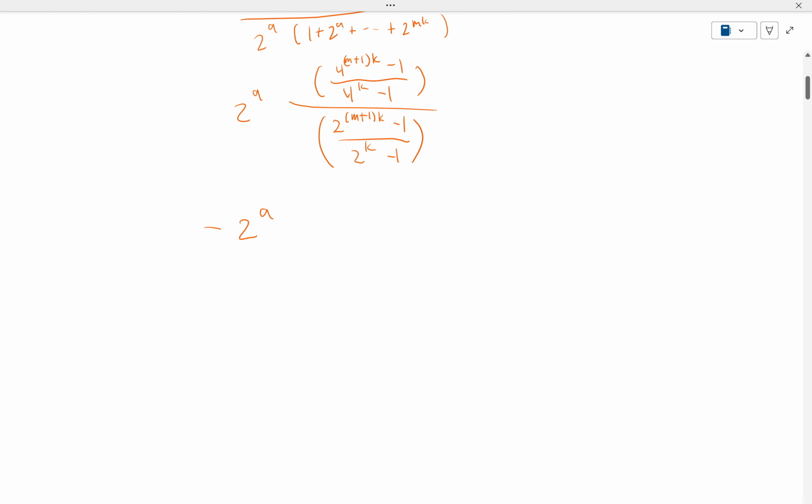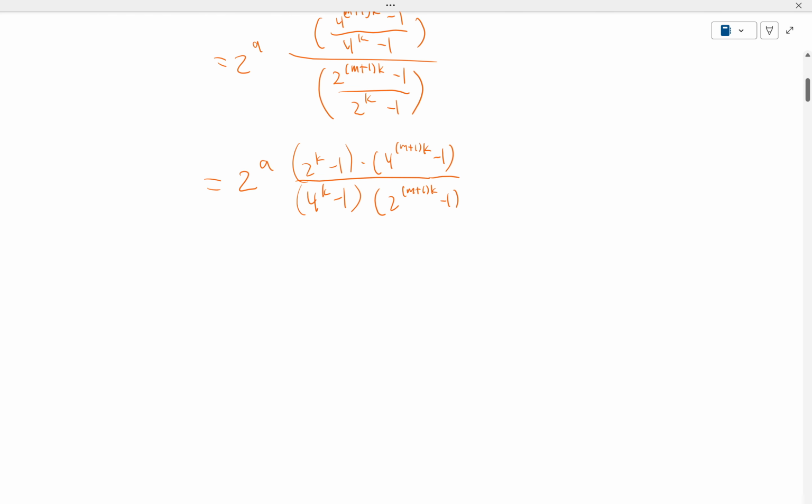So it's equal to 2 to the a times 2 to the k minus 1 over 4 to the k minus 1 times 4 to the power of (m plus 1)k minus 1 over 2 to the power of (m plus 1)k minus 1.